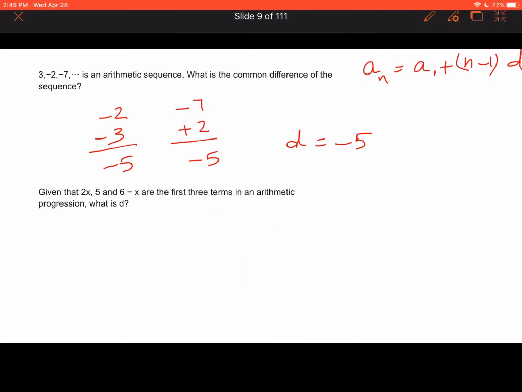Okay, with this knowledge we will move to this problem which we skipped before. Given that 2x, 5 and 6 minus x are the first three terms in the arithmetic progression, what is D? So this is the sequence, right? The first term is 2x, and how will you write D?